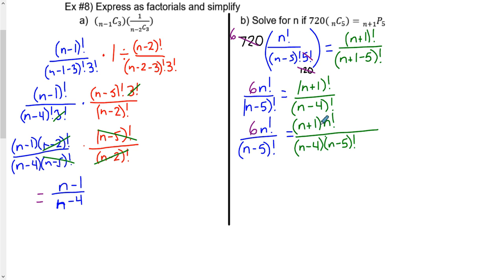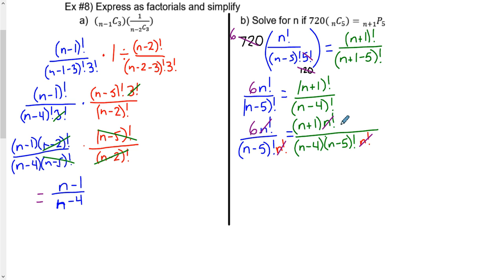And now we're going to do some work here. We're going to divide both sides by n factorial, because dividing both sides by n factorial means n factorial there is going to cancel off with the n factorial there. I do it to both sides, that n factorial gone with that n factorial.